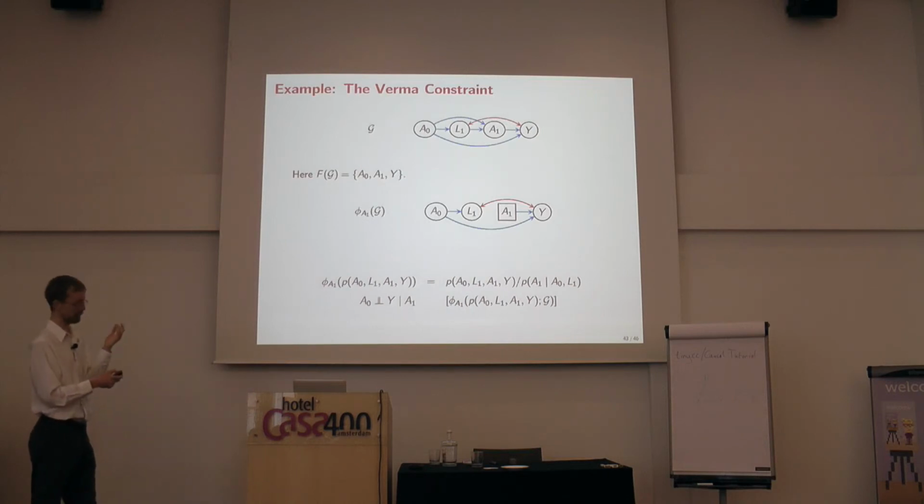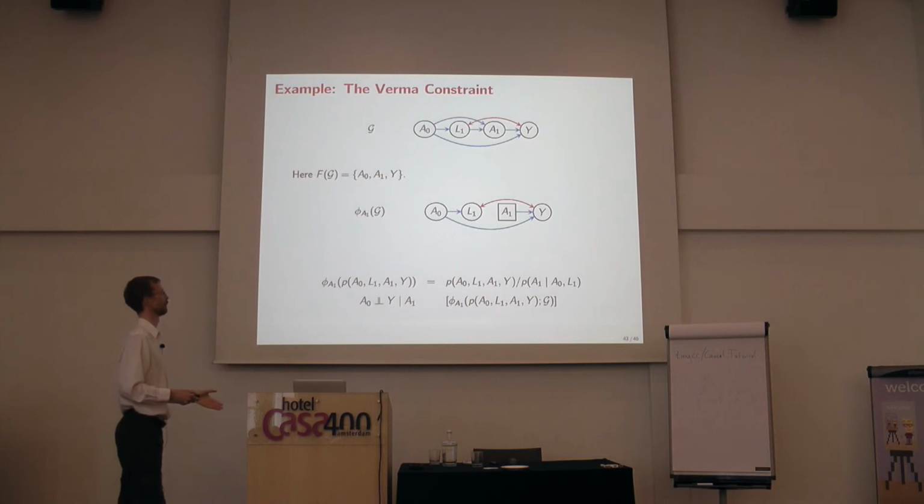And it should be noted that in the original graph, if you get rid of this edge, you don't get any independence between A0 and Y, because A0, L1, Y forms an inducing path between A0 and Y. So even if we got rid of this A0, Y edge, there's no way to d-separate A0 and Y: if you don't condition on L1 or A1, then this path is d-connected, and if you do condition on A1 or L1, then this path is also d-connected.